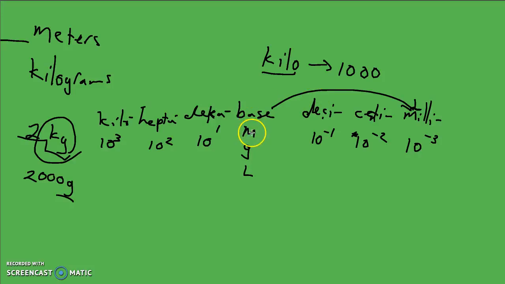What I have to do is take my number and divide by the number that we're going over. If we're going this way, it's negative, this way it's positive, so we're going 1, 2, 3. So we're going to divide it by 10 to the negative third. So if we have 3 meters, we divide it by 10 to the negative third.